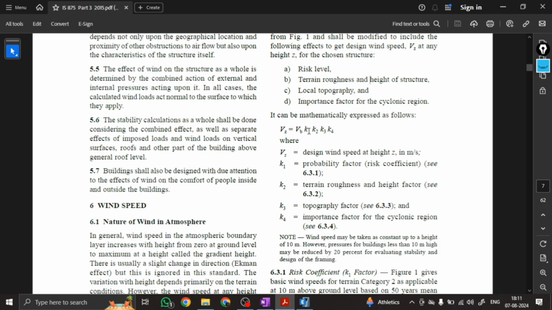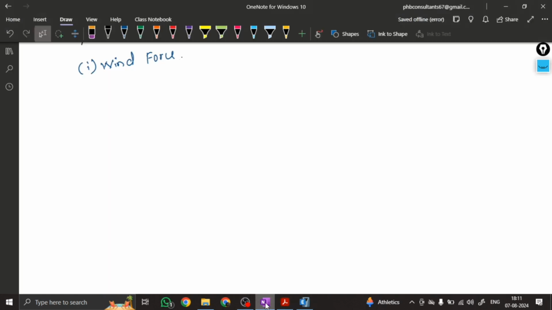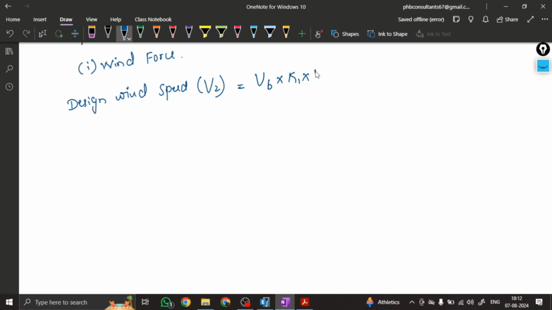Here we have the formula Vz equal to Vb into K1 into K2 into K3 into K4.